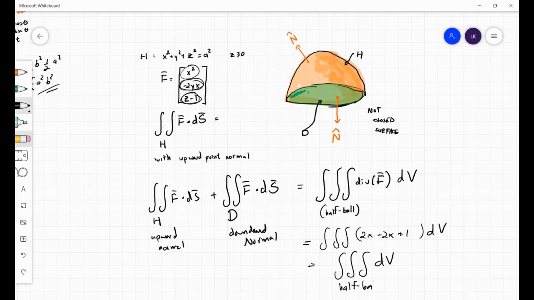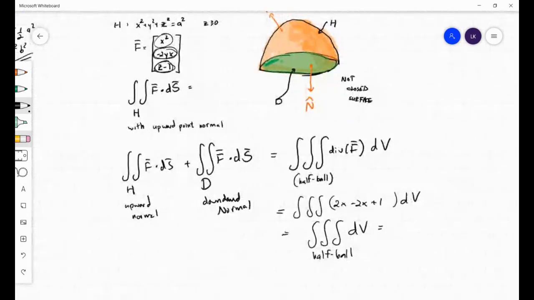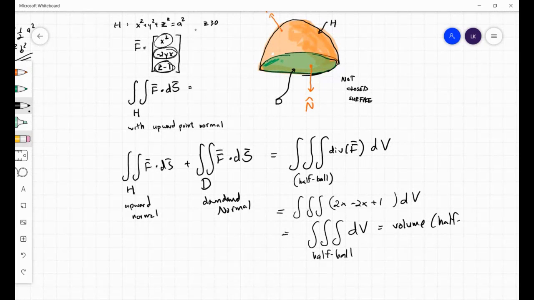So the integral of the differential volume element over the half ball gives you the volume of the half ball. And we all know that the volume of a full sphere is 4/3 pi radius cubed, so half of that would be 2/3 pi a cubed. So now let's compute.